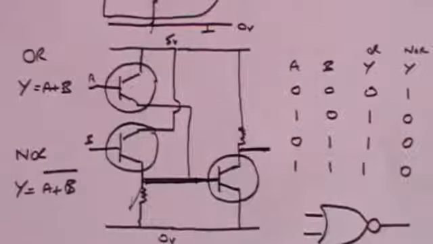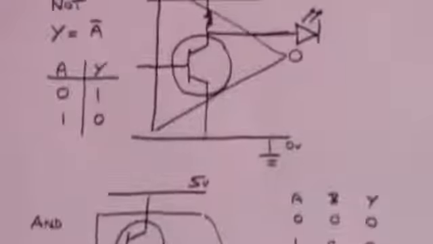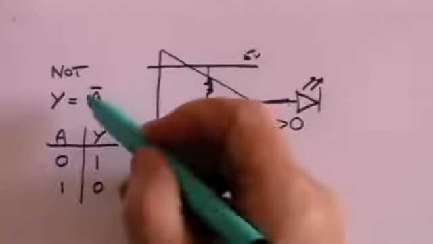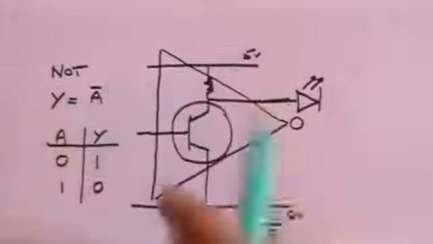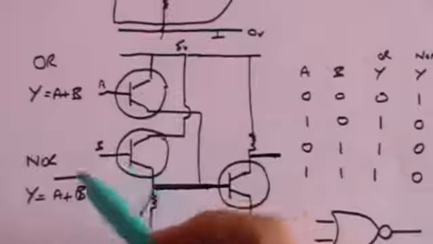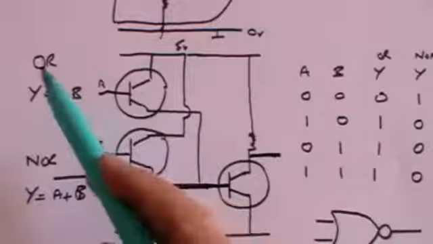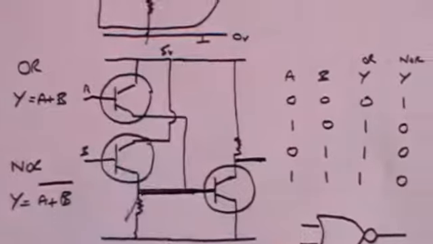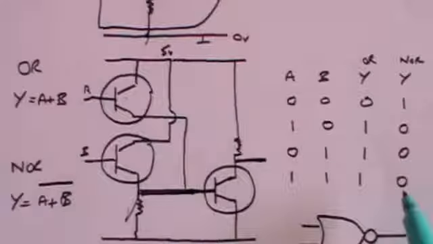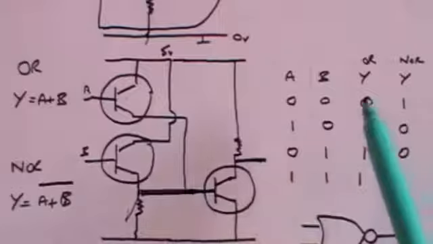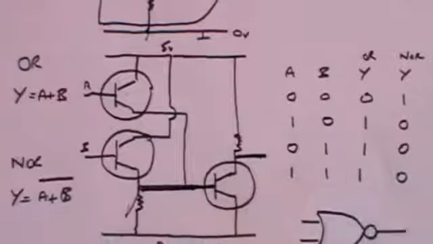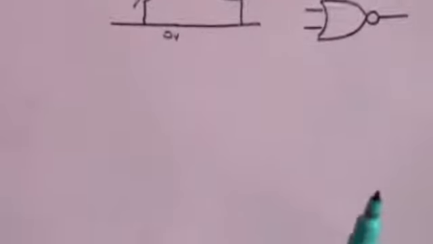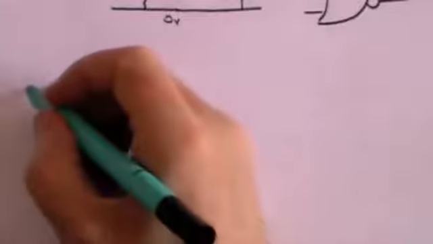Remember that a line over the top, in the same way as we did with the NOT gate, meant that there's a NOT element to it. So here we've got a NOT OR. This is not an OR gate. It's the opposite of an OR gate, giving us the exact opposite output to what you would get from an OR gate. And now we're going to look at a NAND gate.